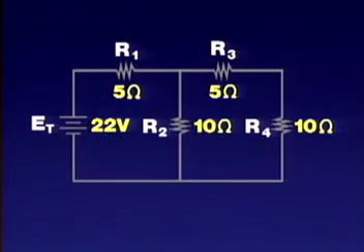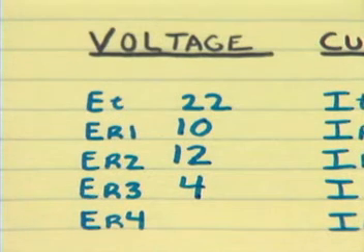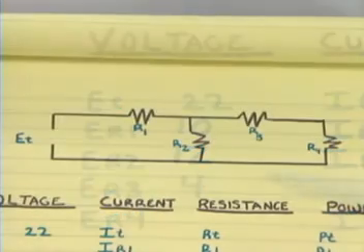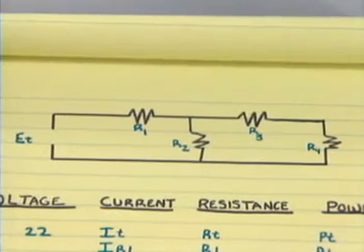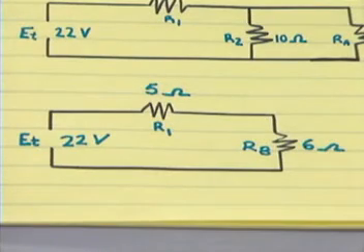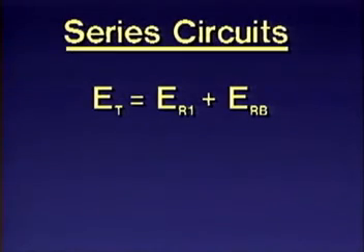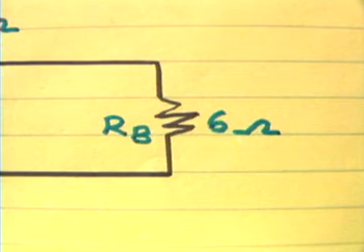Referring to the schematic and the chart, do you know why? Earlier, you simplified this original series parallel circuit with 4 resistors into a series circuit with 2 resistors. Using the formula for voltage in a series circuit, you determined the voltage drop across RB to be 12 volts.